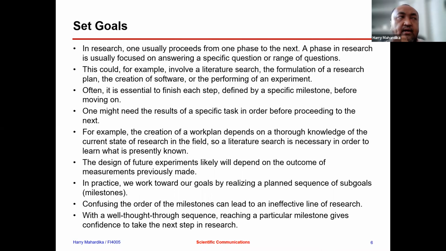However, there are certain times when you need to make some kind of revision. If that happens, the revision will be in conjunction with the progress. So you don't need to stop the general progress, but you need to make a little bit of revision so that it will not hinder the actual process.